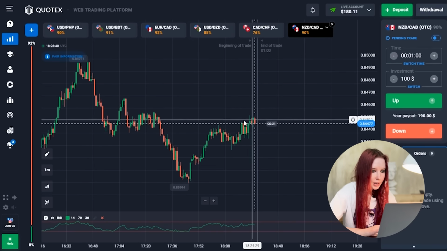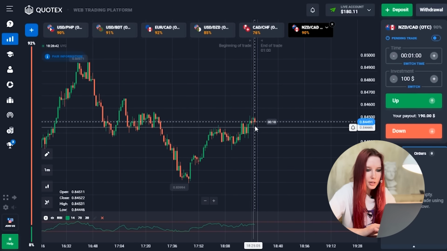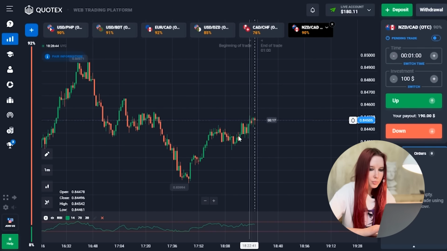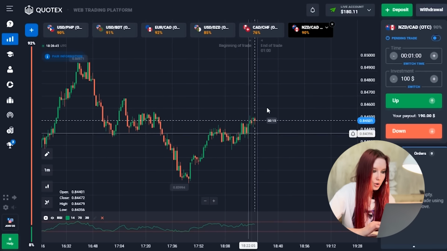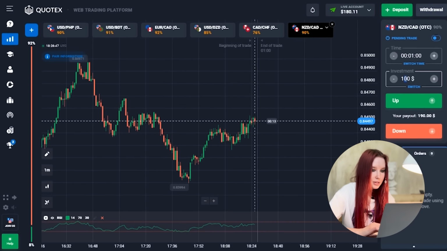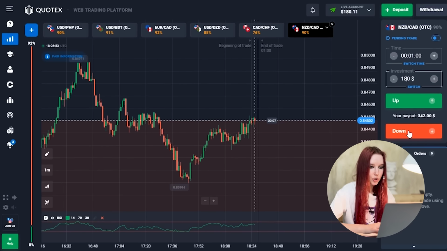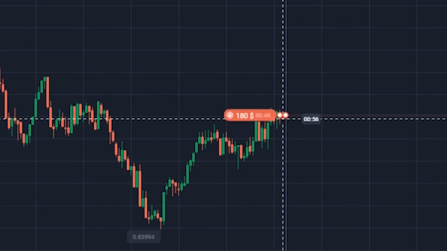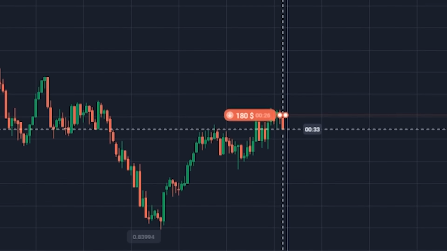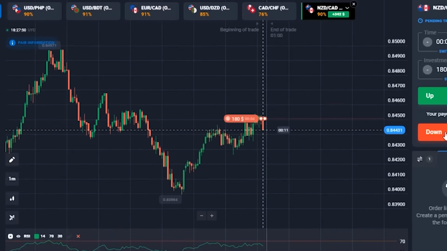We see a head and shoulders pattern on this currency pair. But now the price is at the resistance level, so I think the price will test the level that's located below and then go up. So I want to change investments and open a trade up. Awesome!